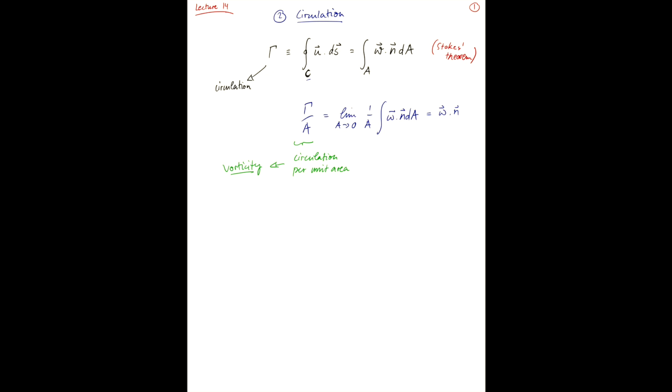And alternatively, we can write this as n dot omega is the limit of A going to 0 of 1 over A, line integral u dot ds.